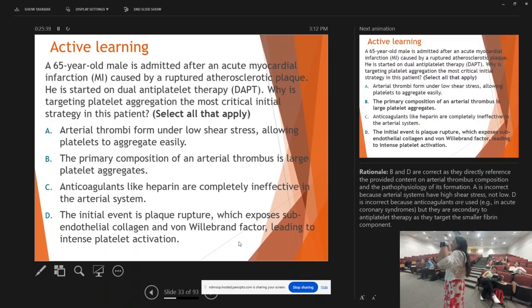So C, anticoagulants like heparin are completely ineffective in the arterial system. Heparin will be ineffective, you think? What is heparin? What can heparin do? So heparin is given to the patient for what?